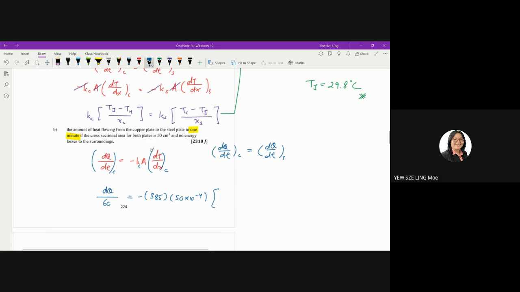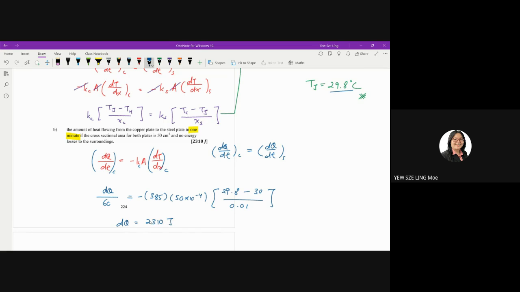And then dT: I have the joint at 29.8 degrees C according to question A. So 29.8 minus the hot end, which is 30 degrees C, divided by the length 0.01. So dQ is equal to 2310 joules.